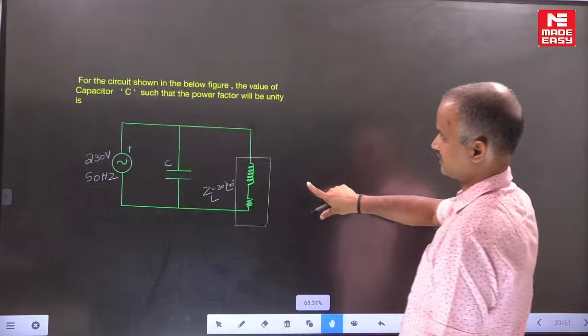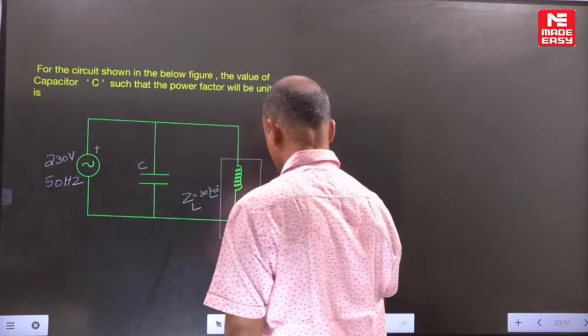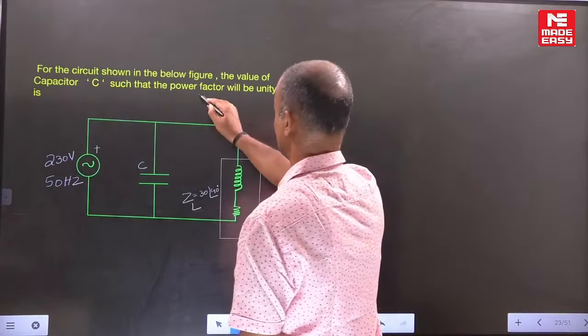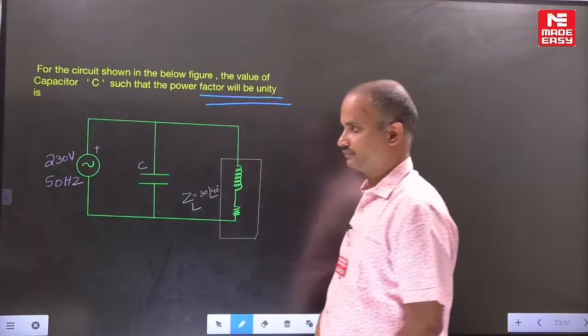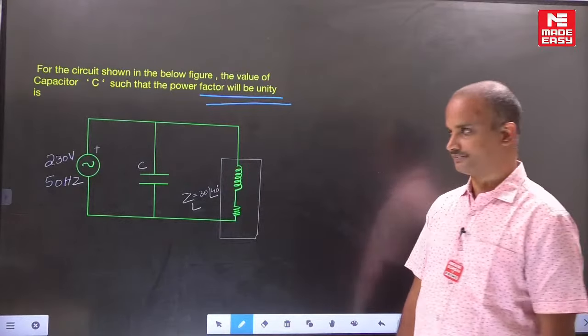C value at what condition here? Resonance condition. In the question itself they mentioned unity power factor. Unity power factor corresponds to resonance condition.